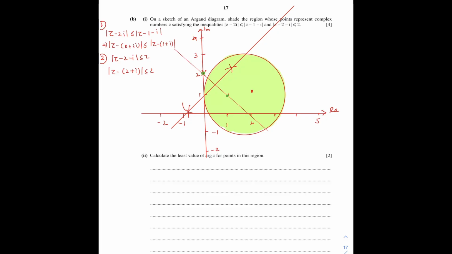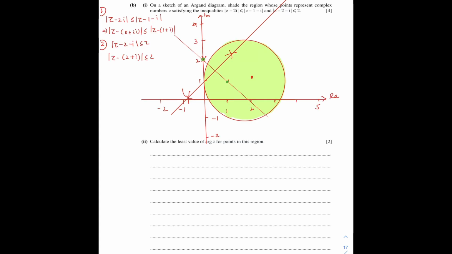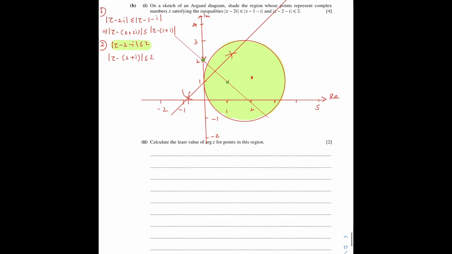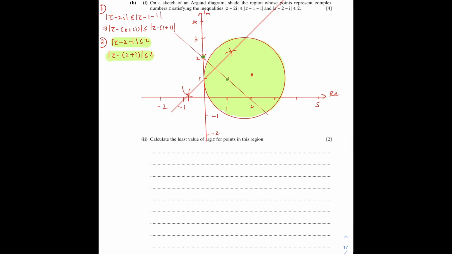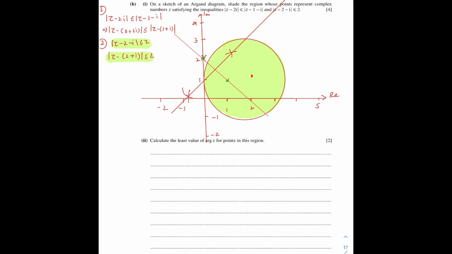The circle is there. That's number 2, and z minus 2i is less than or equal to 1 plus i. So we are done with that part.